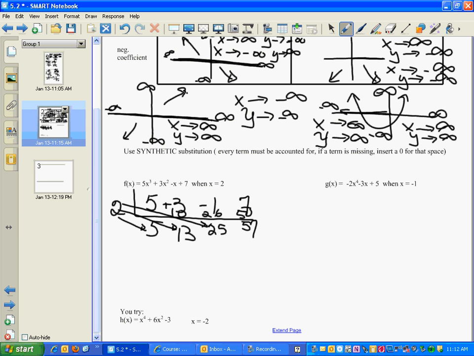Okay, what is 5 on your calculator times 2 to the third plus 3 times 2 to the second minus 2 plus 7? Get your calculator out and do that. 5 times 8 plus 3 times 4 minus 2 plus 7. All I'm doing is substituting that value in.